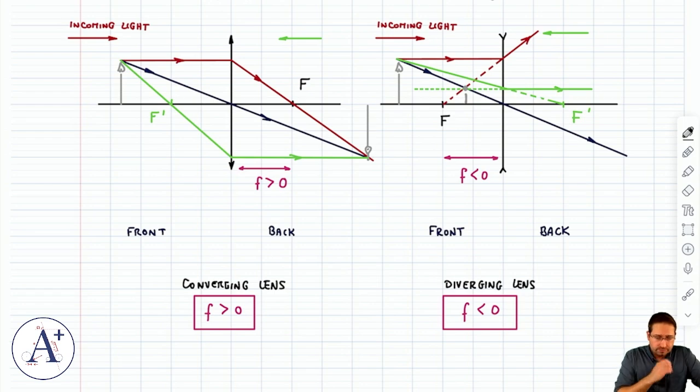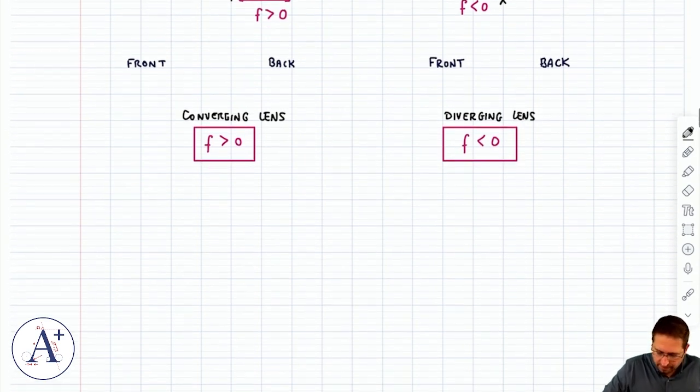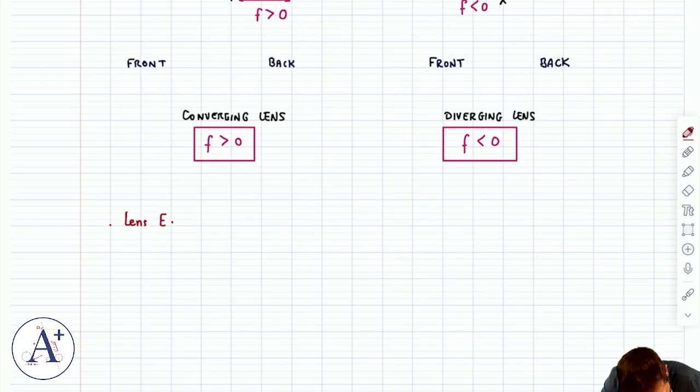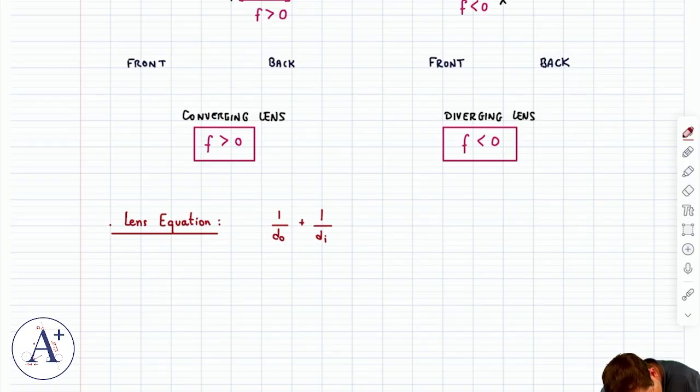All right. And so then just to wrap up, we have the lens equation, the same way that we have the mirror equation for spherical mirrors. We have the lens equation for thin lenses. 1 over d object plus 1 over d image is 1 over f. It's pretty remarkable.